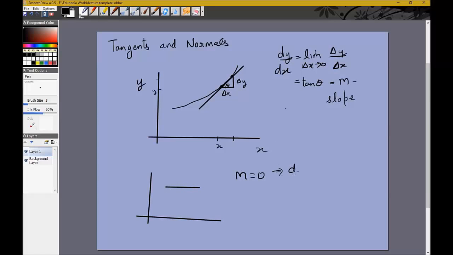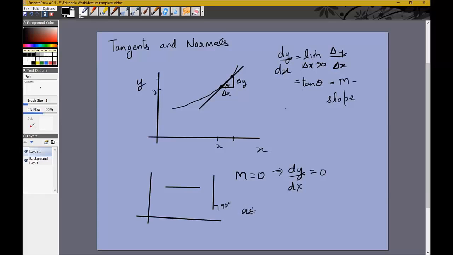This means dy by dx is 0, which is something we already know, because for a constant function dy by dx is 0. Right? Also, when a line is parallel to the y-axis, the angle made with the x-axis is 90 degrees. Tan 90 is infinity.